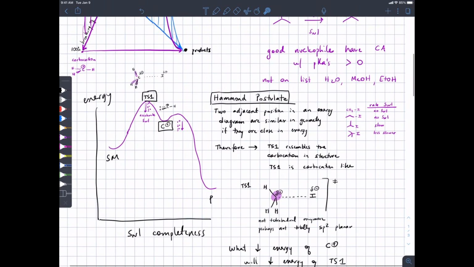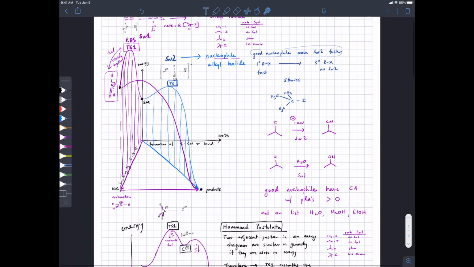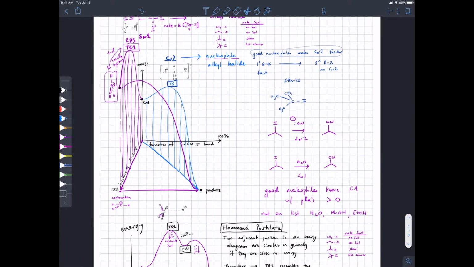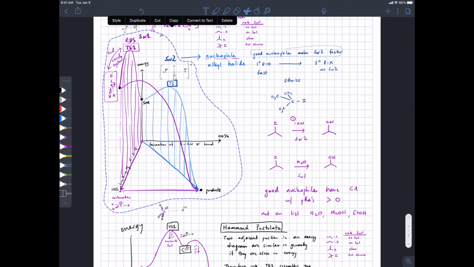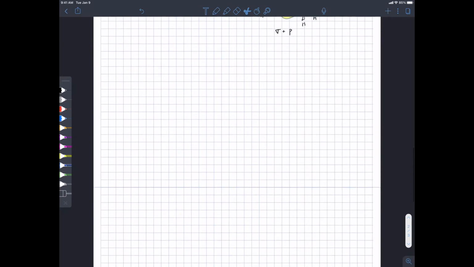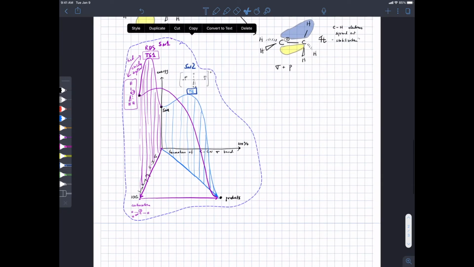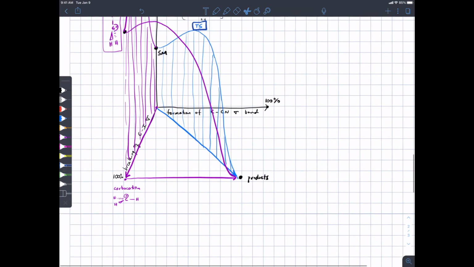Okay. So we could actually maybe modify our horrible drawing here. Instead of for a methyl halide, let's modify it for a tertiary alkyl halide. I'm not sure whether I have any business doing this, but what the heck.